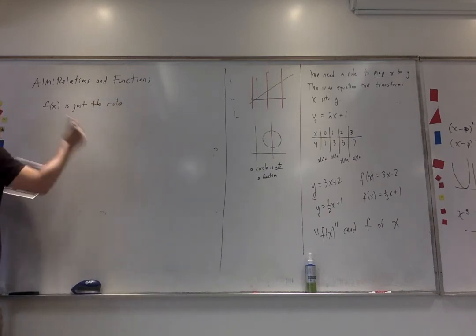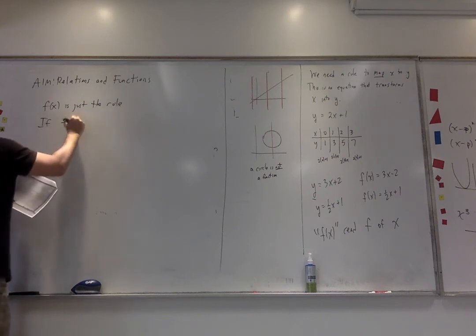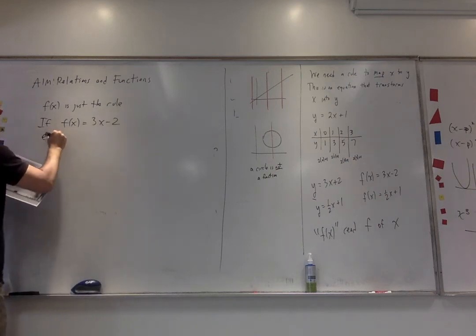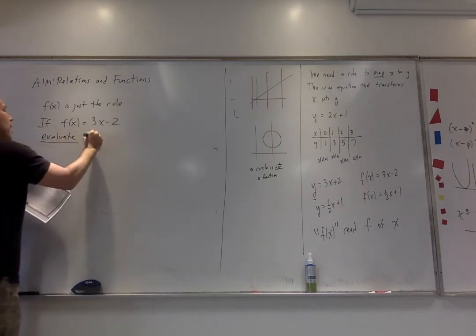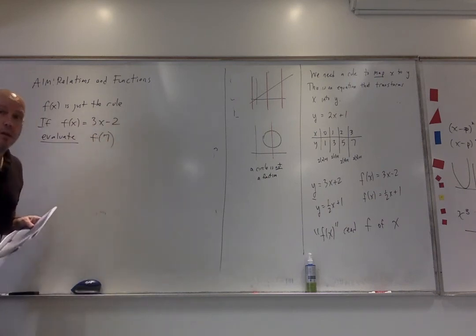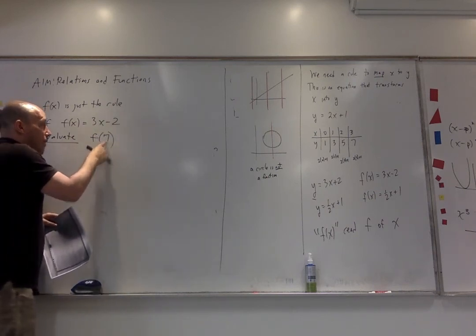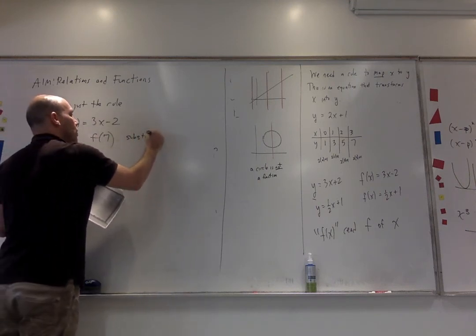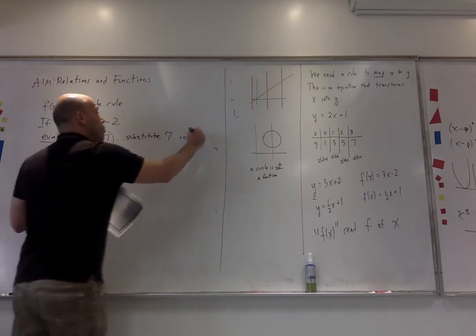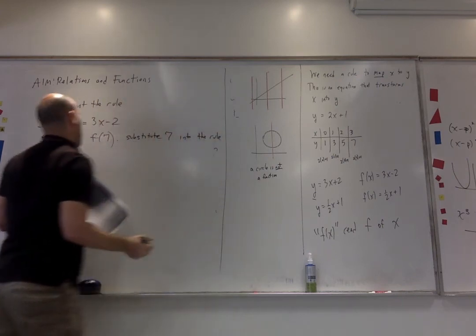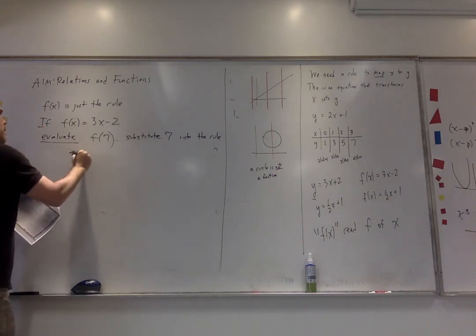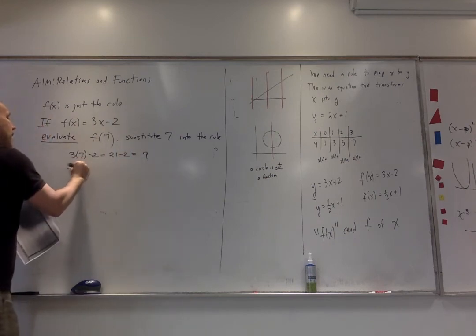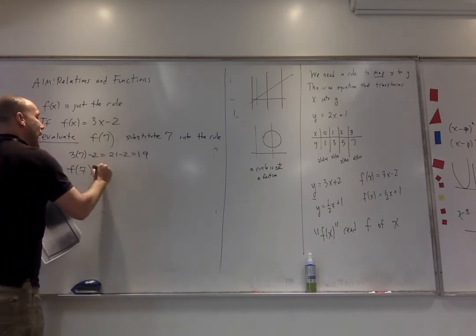So if f of x is 3x minus 2, you're going to have to evaluate f of 7. All you're going to do is substitute 7 into the rule. So 3 times 7 minus 2 equals 21 minus 2, or 19. f of 7 equals 19.